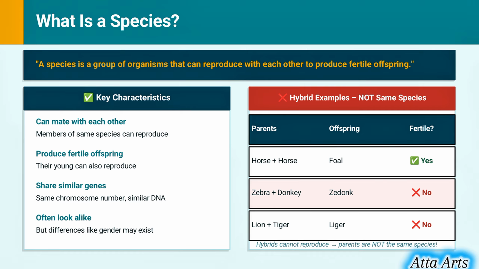But a zebra and a donkey can produce something called a zedonk, but the zedonk cannot reproduce, it is sterile, so zebra and donkey are not the same species. Similarly, a lion and a tiger can produce a liger, but ligers are sterile, so lion and tiger are different species. The key is always fertility. If the offspring cannot reproduce, the parents were not the same species.